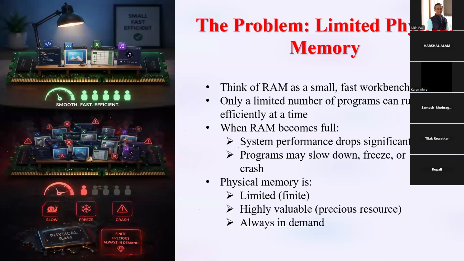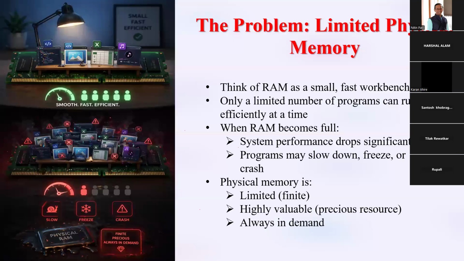What we saw is the idea of virtual memory as an illusion. Now let's understand why this illusion is even needed in the first place. At the core of the problem is something very simple, but very limiting, the physical memory. Let's visualize this.